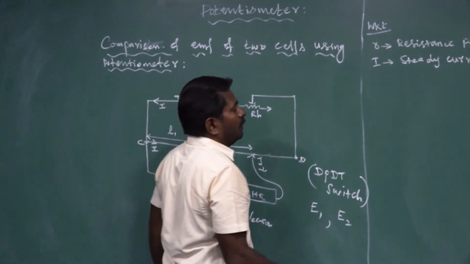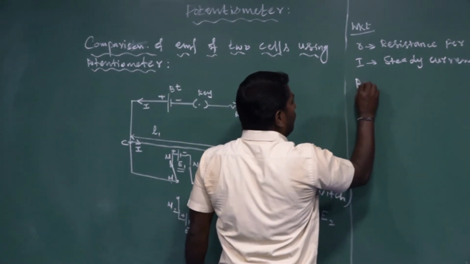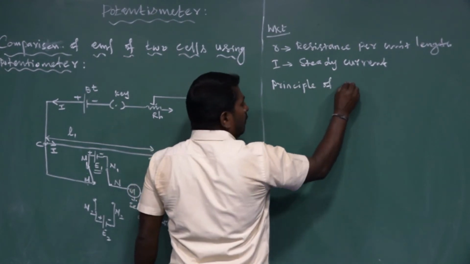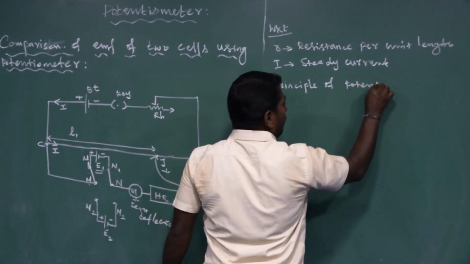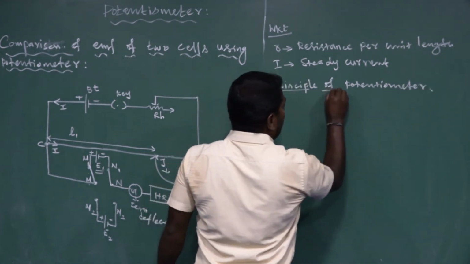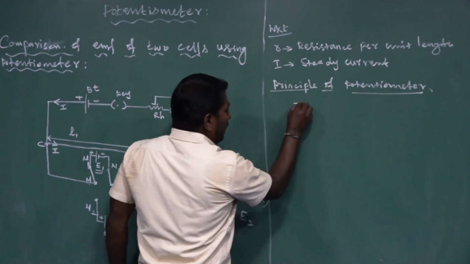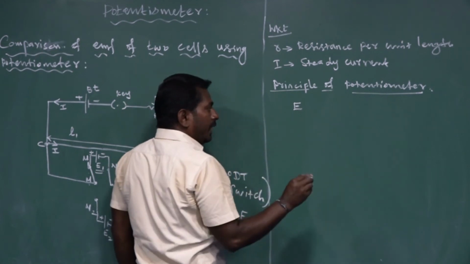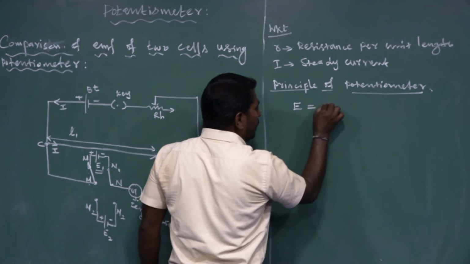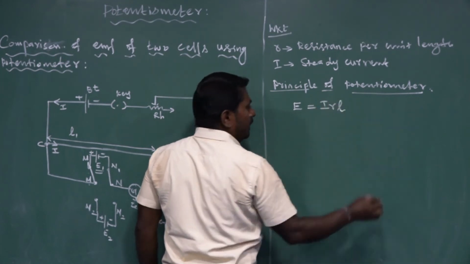According to the principle of potentiometer, the EMF of a cell across this balancing length is equal to IRL.